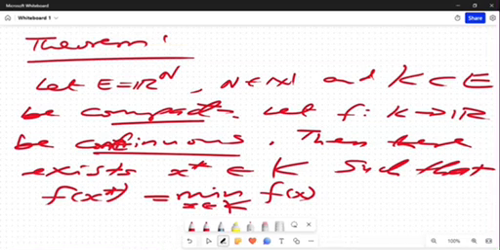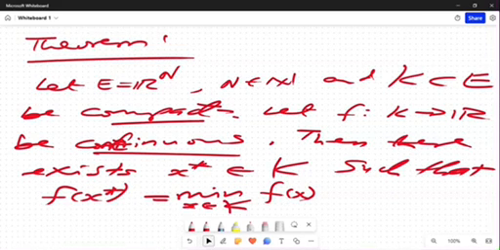So you can see what this theorem is saying: if E is Rn, and K, a subset of Rn, is compact, do you know when a set is said to be compact? Any of you?